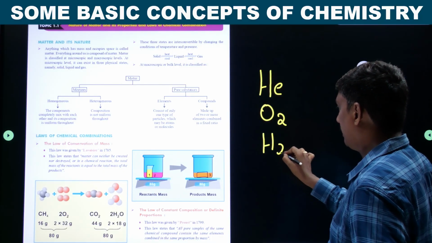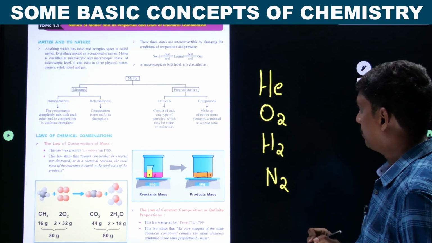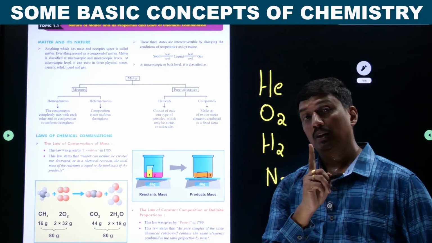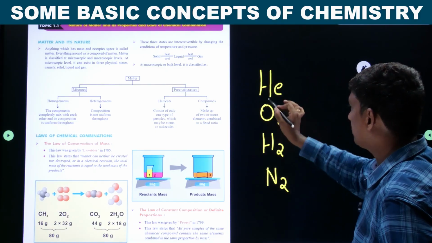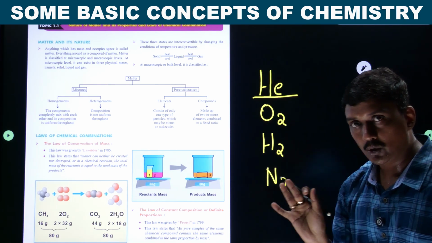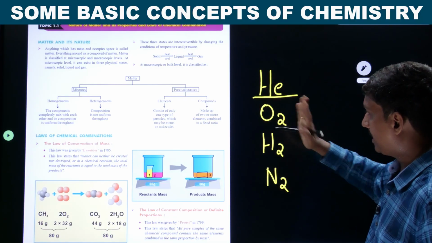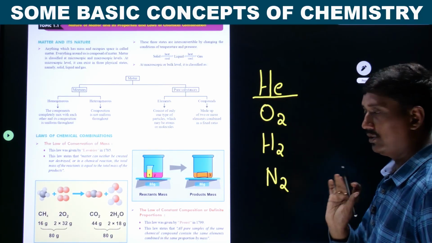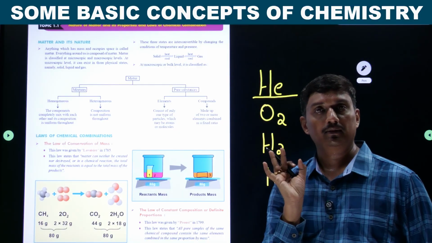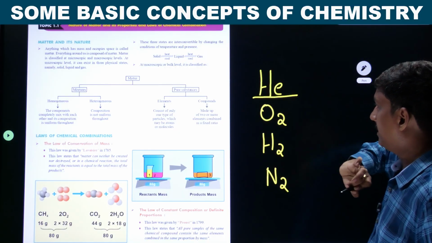Hydrogen, I wrote H2. Nitrogen, I wrote N2. Can you make any difference here? Yes, one difference you can observe with helium. These are all pure substances, no doubt, because you won't find anything apart from a particular atom here. Helium is also a gas, oxygen is also a gas. What is the difference? The difference is representation.